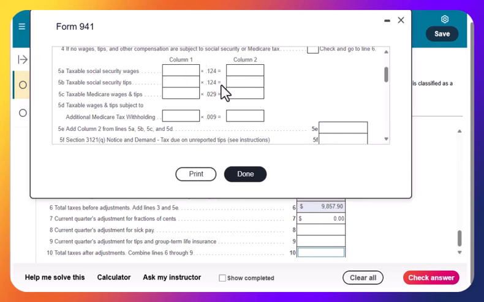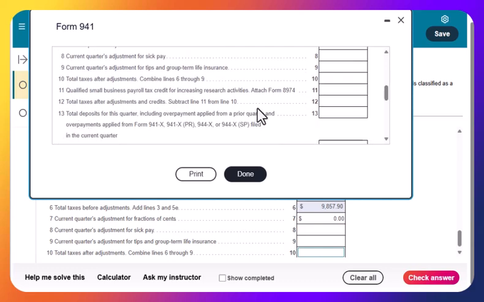Then down here for Medicare, we also had it as one lump total and rounded once. So when you get to the payroll project, line 7, current quarter's adjustments for fractions of cents, is the difference between what you owe on line 6 and what you paid on line 13. So again, that's this number here to what we will have on line 13, which is coming down this way.